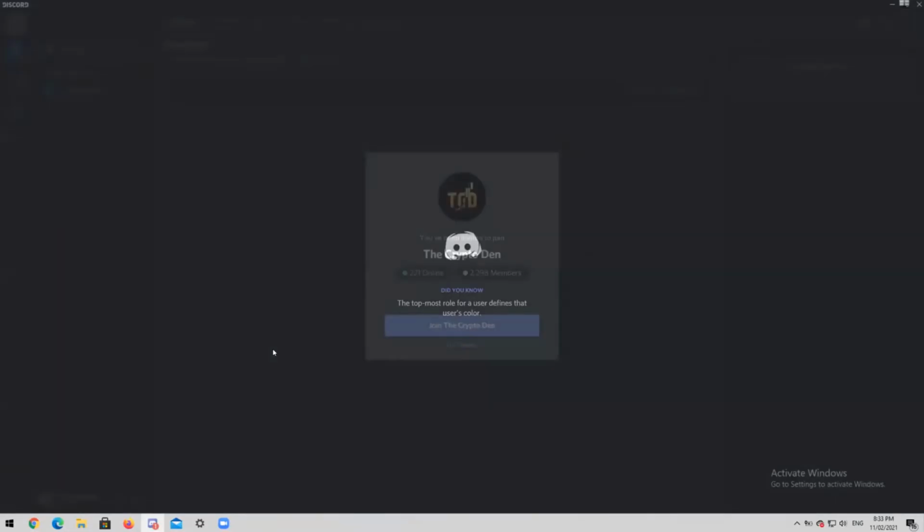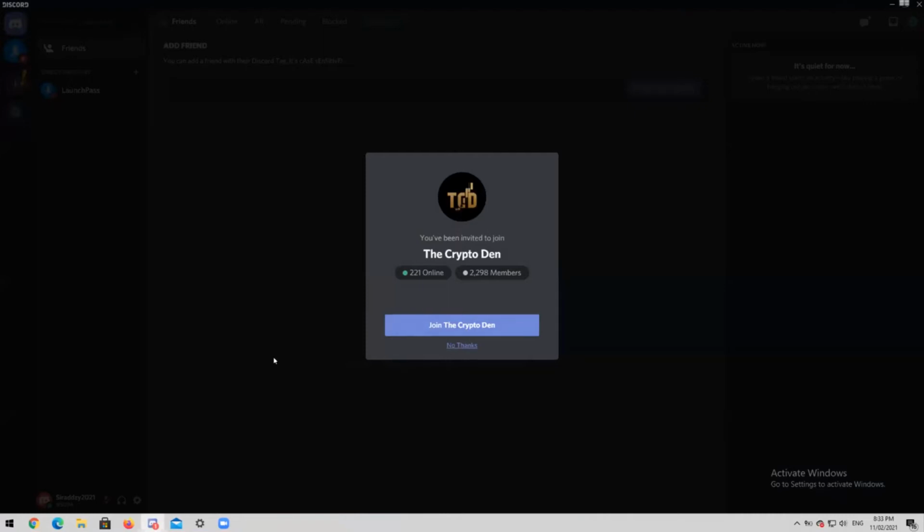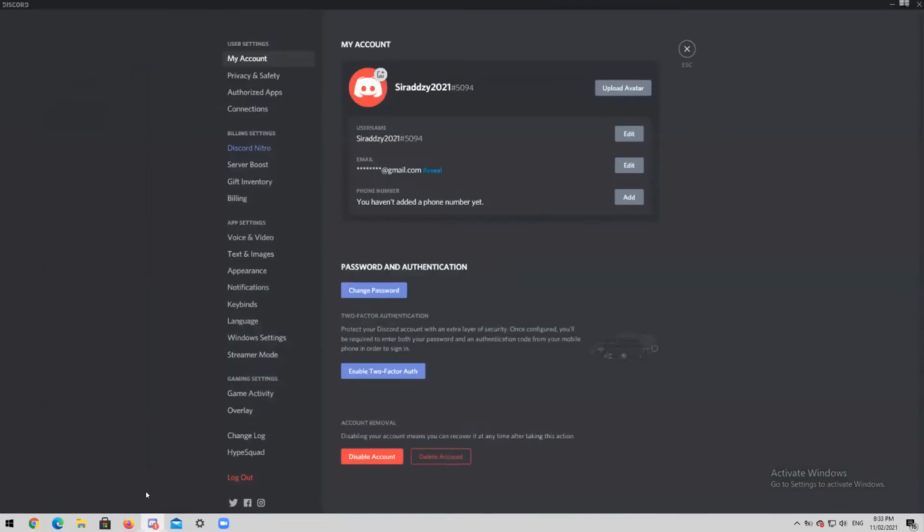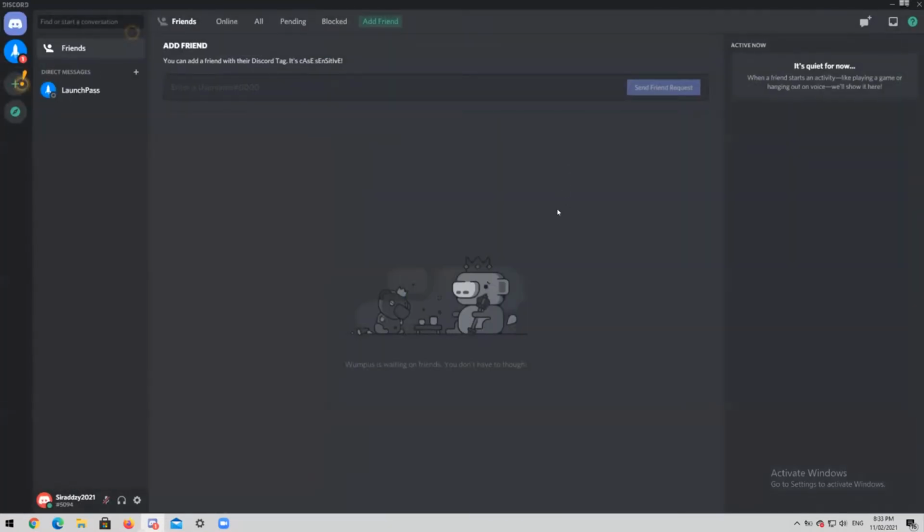Hit login, and then one of the first things you want to do is, in the bottom left corner, if you hit this little settings here, just update your photo, just so we can see what your pretty face looks like. And it stops us, because we do get a lot of people coming in, spamming the group and leaving. So if we see you've got a photo, it helps us out a fair bit too. So that's how to download Discord and join Discord.